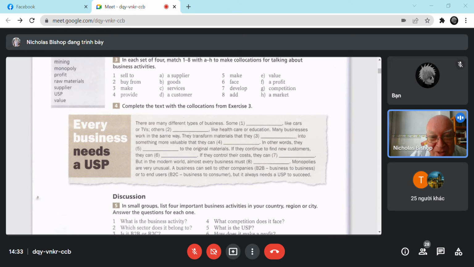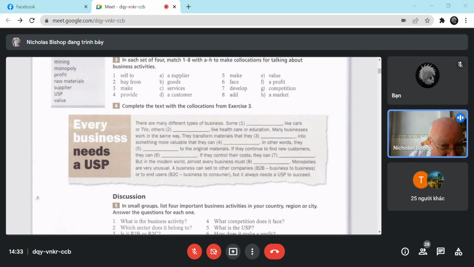It's getting a little more difficult, yeah? So what I have done is: some make goods like cars or TVs. Others provide services like healthcare or education. Well, that sounds pretty good. Okay, let's see if that's right.